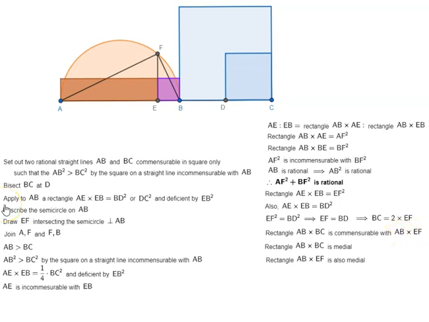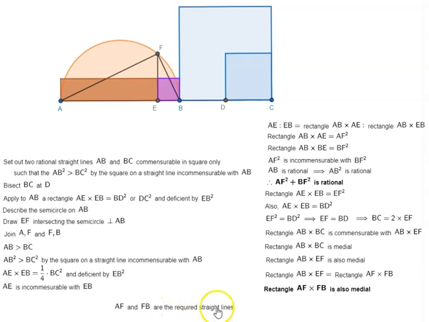Now, the fourth statement of the lemma, if we apply, it says rectangle AB by EF is equal to rectangle AF by FB, which means since AB by EF is medial, rectangle AF by FB is also medial. So we have found two straight lines AF and FB whose sum of the squares is rational and the rectangle contained by them is medial. So AF and FB are the required straight lines.